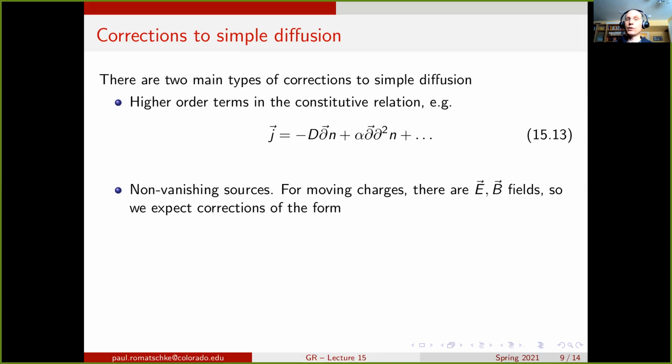So basically for moving charges, electromagnetism tells us that there should be electric and magnetic fields. So we expect that our diffusion equation should include corrections that come from the action of these fields.